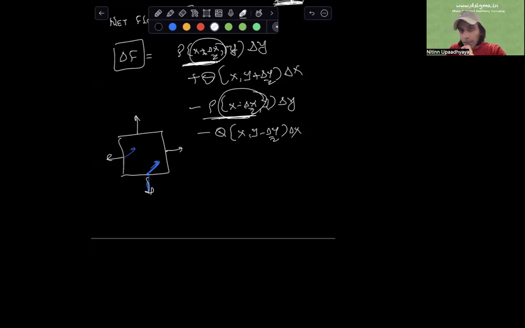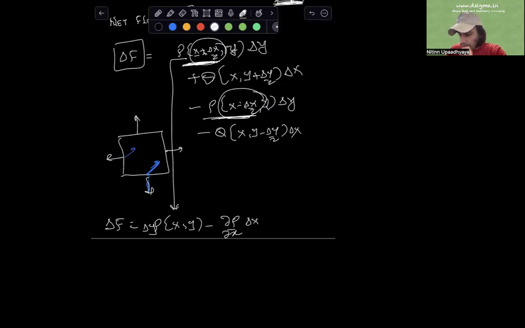So these two combined together, and you can use the Taylor series expansion as well, which is again something we've talked about before. So maybe I'm going to use the Taylor series just to make this thing clear. If I look at this term and I expand around x comma y, the first term I'll pick up would be minus P(x comma y) times del y. Then if I expand this to first order Taylor series, I'll have minus dou P dou x times del x by 2.